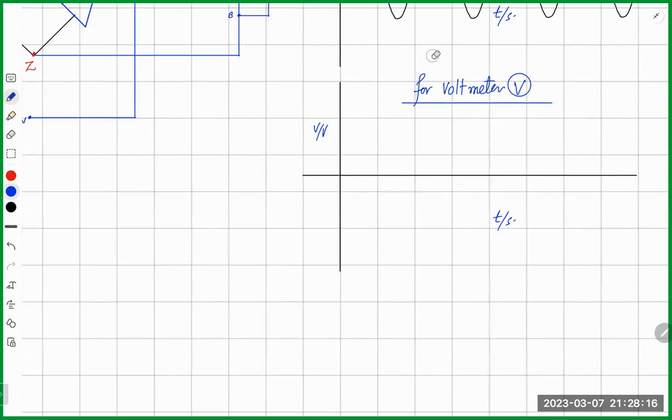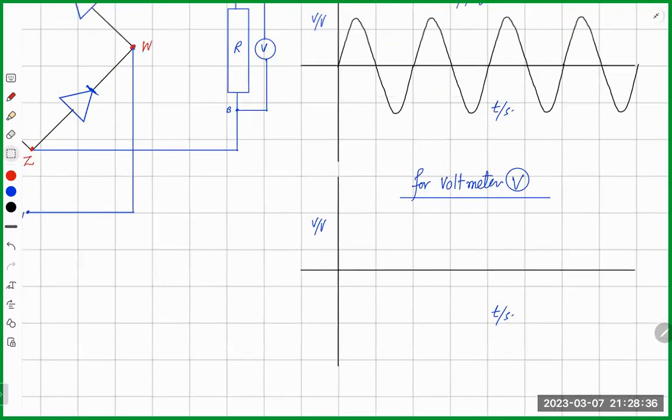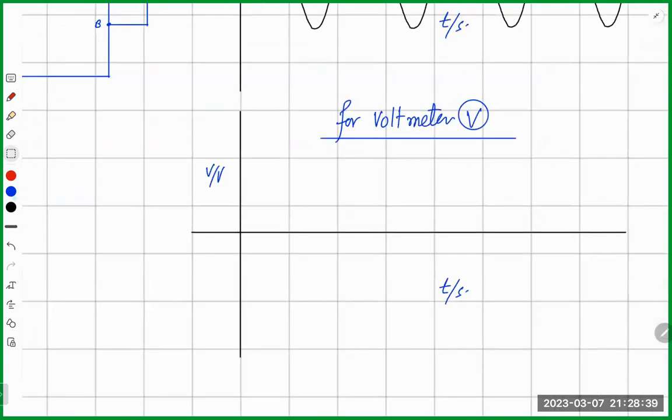Voltmeter V will not register the same values as from the supply. I think I have increased the voltage without reason. Now, this is what you should be expecting.